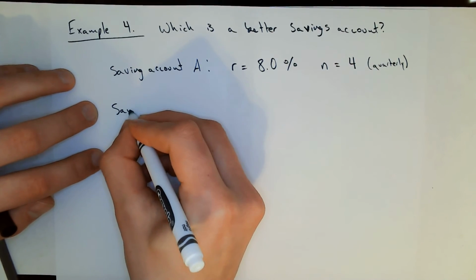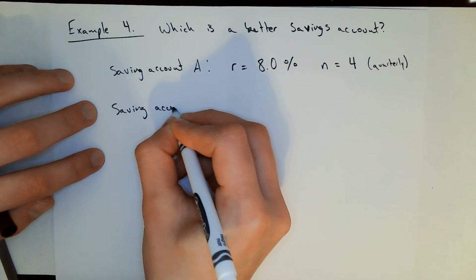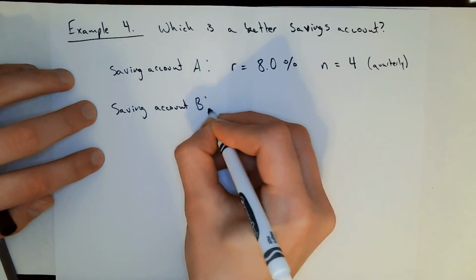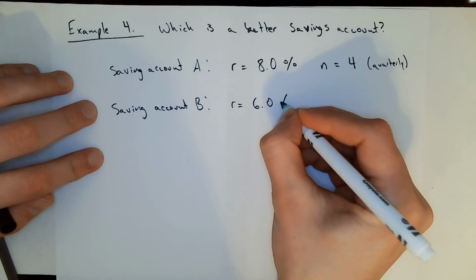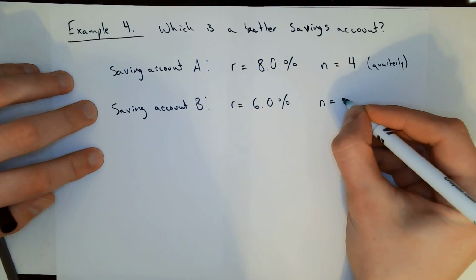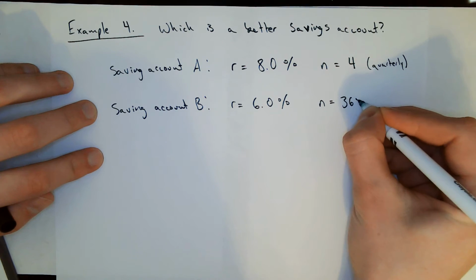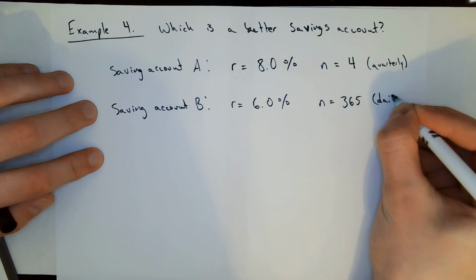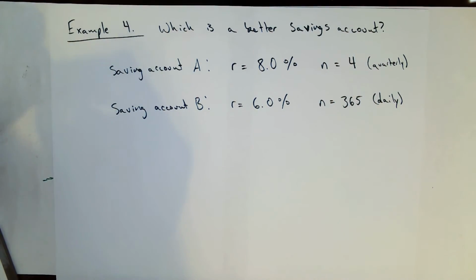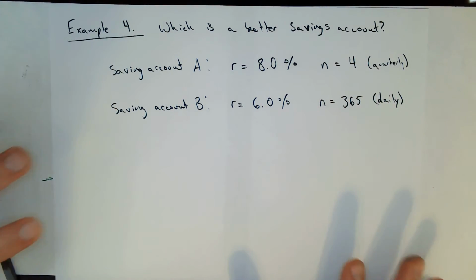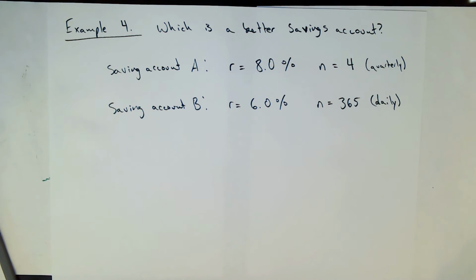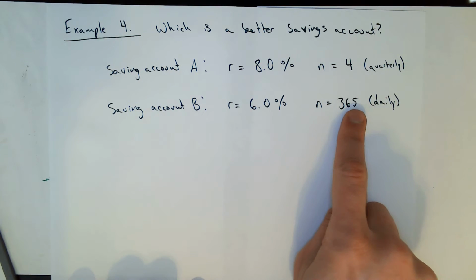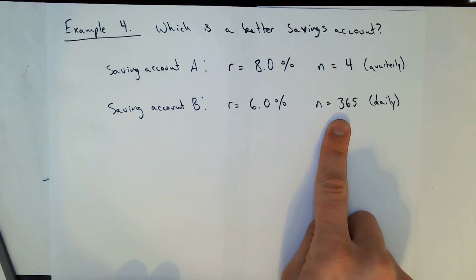So maybe these are two different banks, right? Now this one has an interest rate of 6.0%, but N here is daily. So remember that picture I drew, and as you think about what it means for these things to be compounded, you might say, wow, if you just glanced at this, that has got to be way better, right?